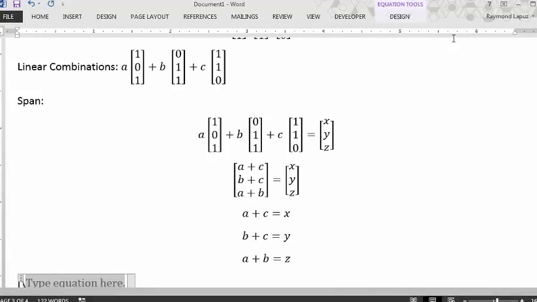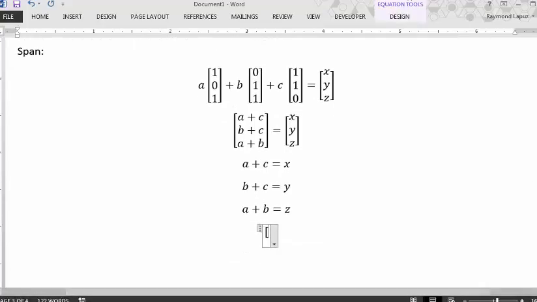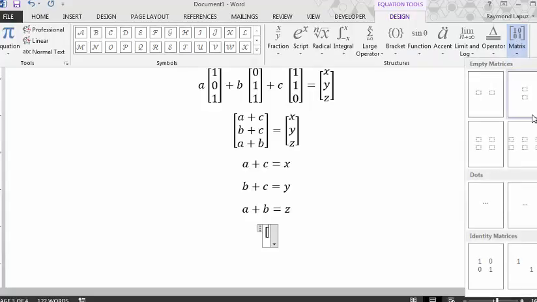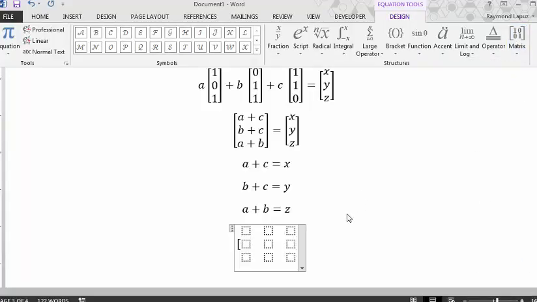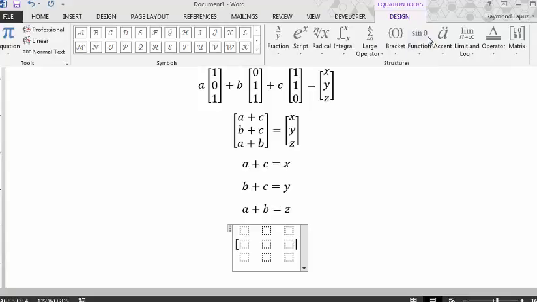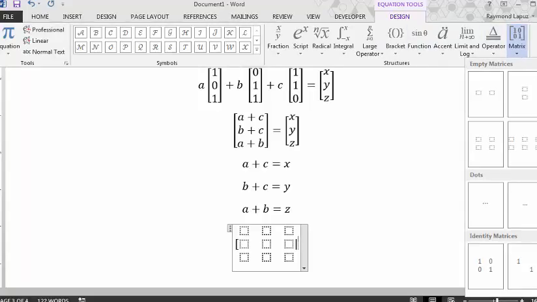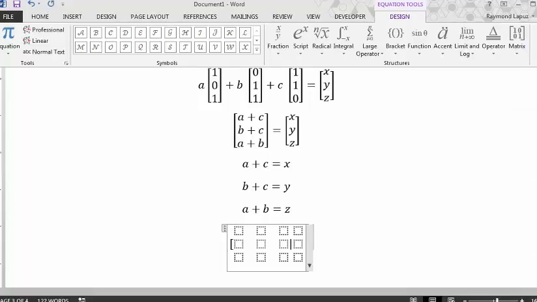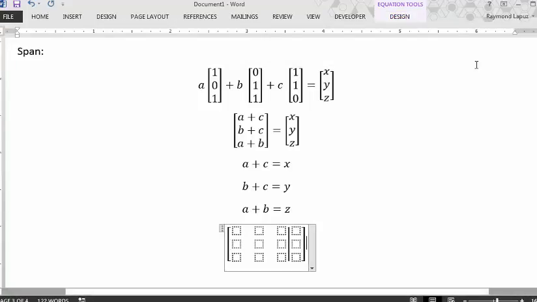So I'm going to first write this in a 3 by 3 matrix. And then I'm going to augment it with a 3 by 1 vector. And so my coefficients are going to be, I want to solve for a, b, and c.